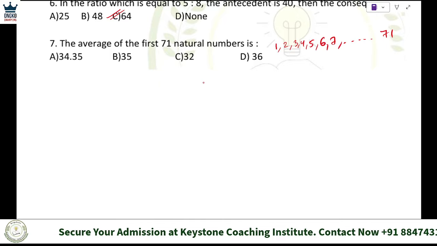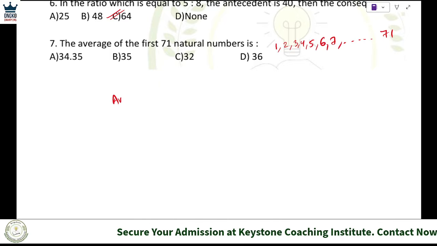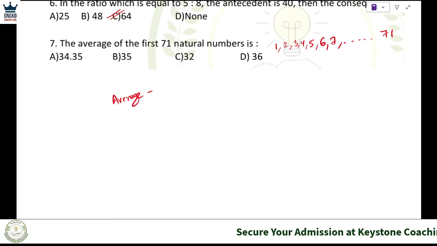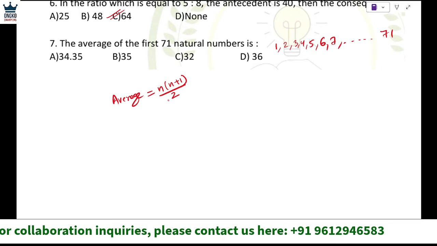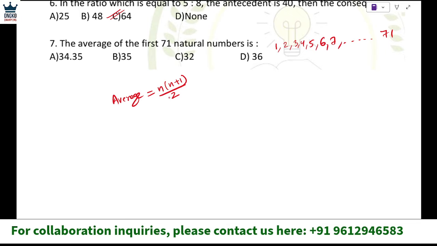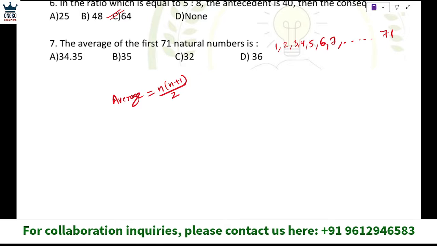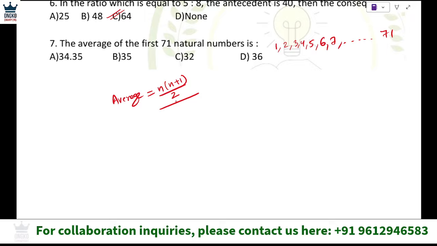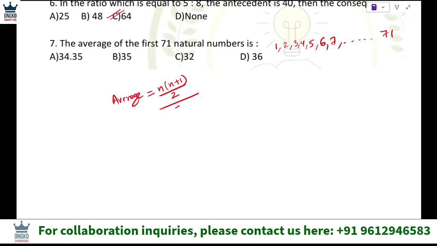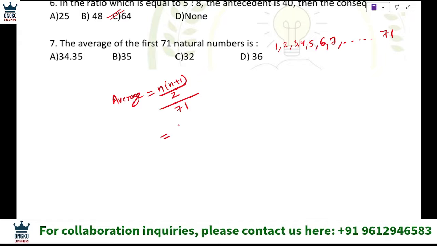To find the sum, we can use a formula: n(n plus 1) by 2. That's the formula for the sum, divided by the total number of observations, which is 71.